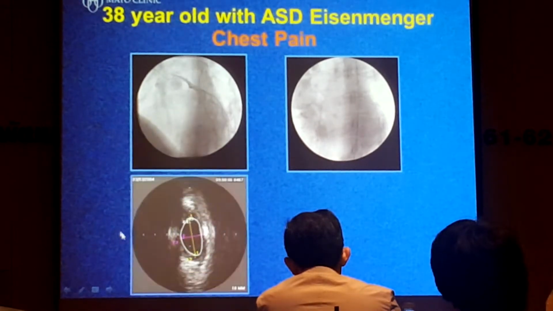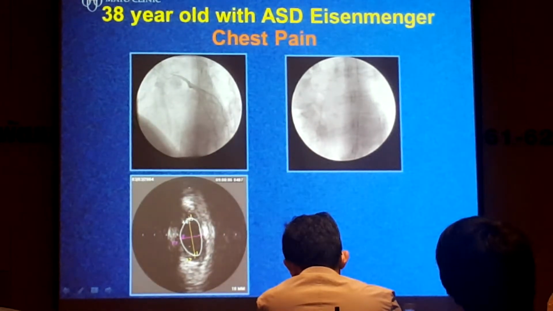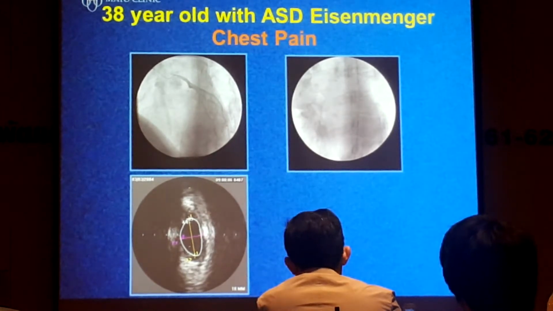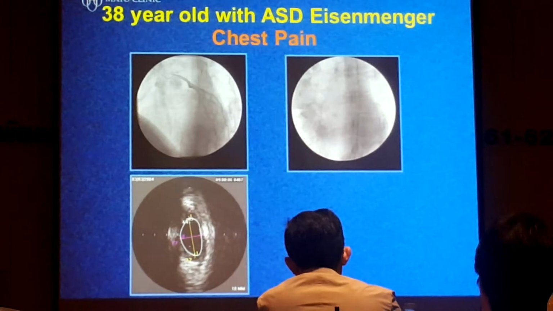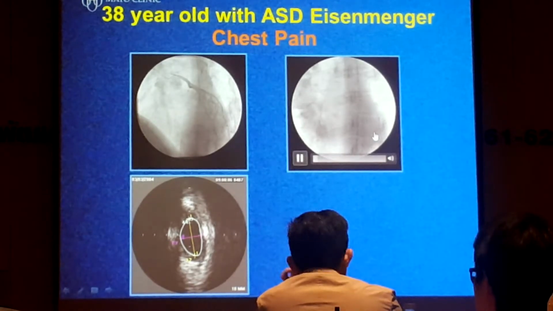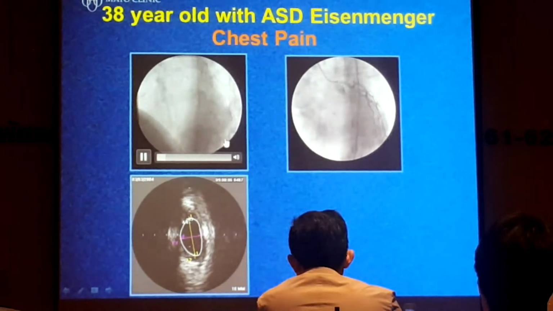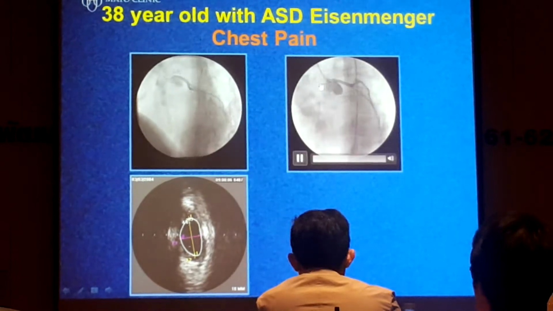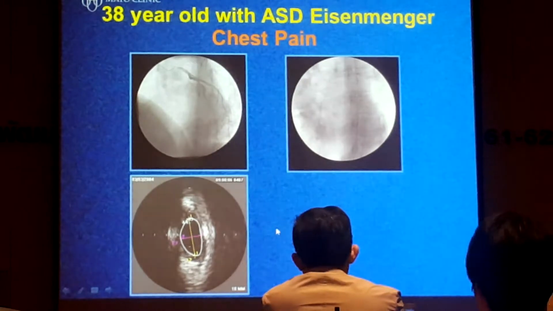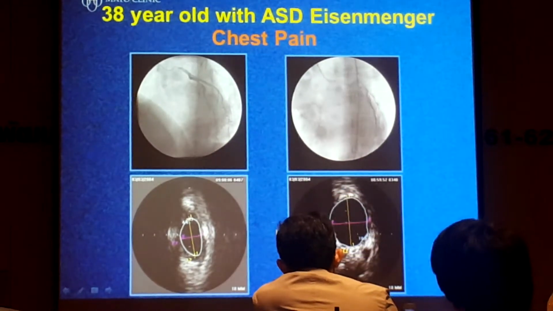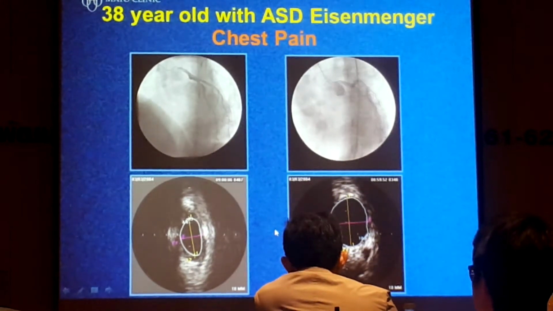And we did intravascular ultrasound. You see the compression is caused by the dilated PA that is hypertensive. The dilated PA by itself is not enough. You have to have a very hypertensive dilated PA to compress. So we put a stent in and you see the difference at the ostium of the left main. And the intravascular ultrasound confirmed it. I had 3 or 4 cases, and I didn't report it.